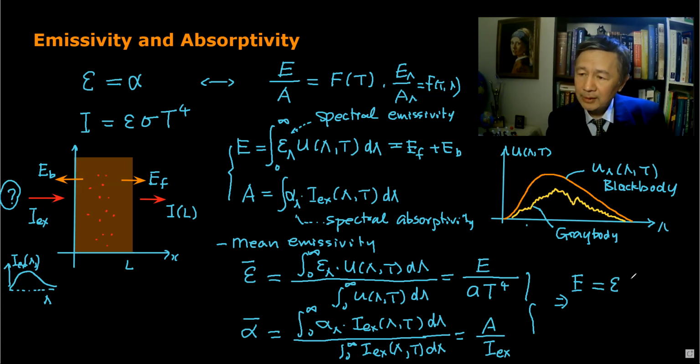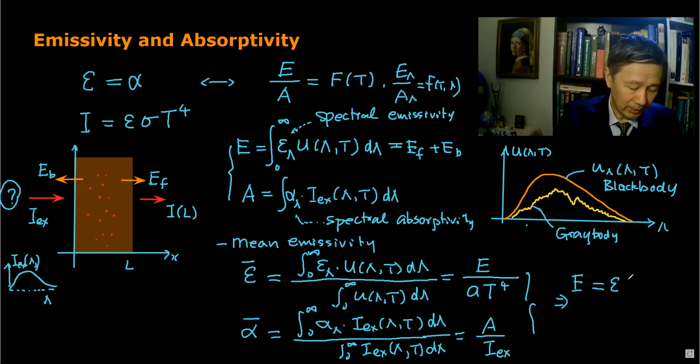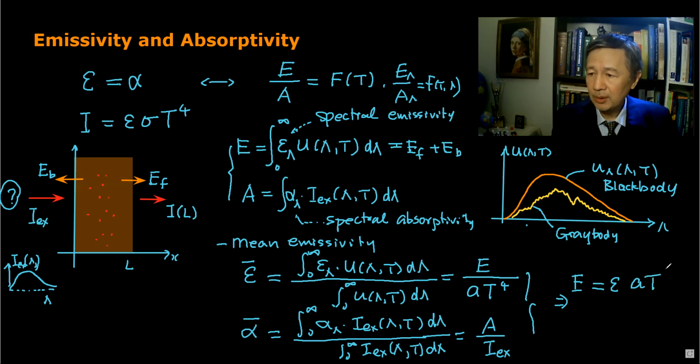Anyway, can we just simply continue to write this as epsilon multiplied? Let's double check. I don't want to leave any uncertainty in this talk. If you want to consider that difference and apply the Stefan-Boltzmann law, then A must be equal to that. Can we just use A here, times T to the power 4? I will fix that next time.